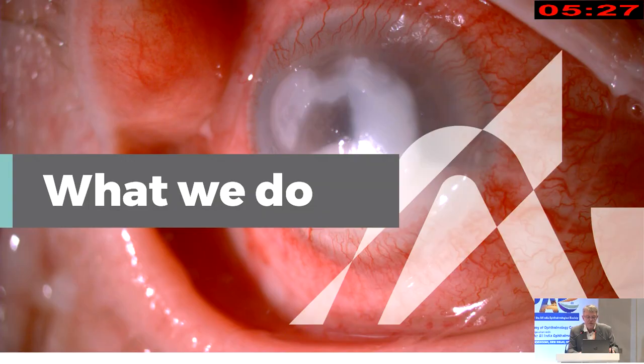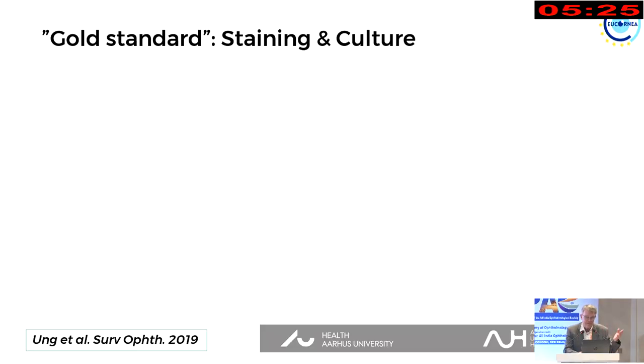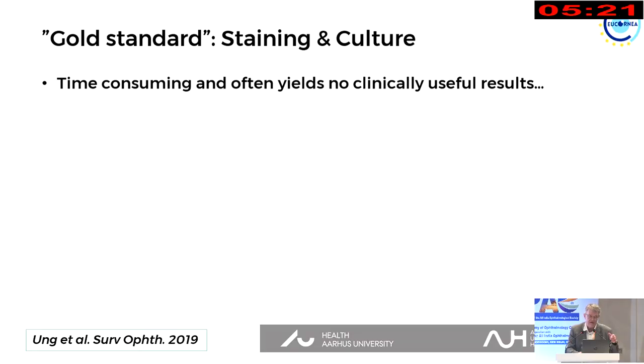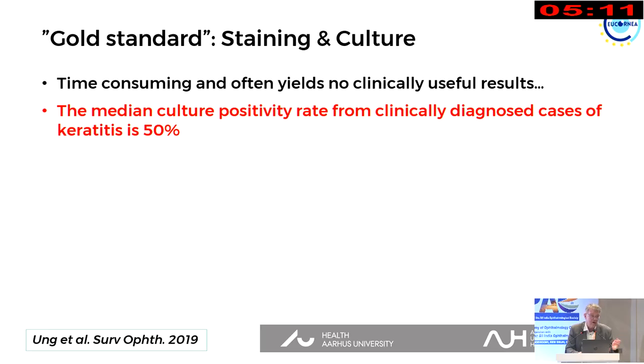And what do we do? Well, when a patient shows up, we take samples directly on the plates. It's time consuming, and unfortunately still gives no clinically useful results in up to 50%.